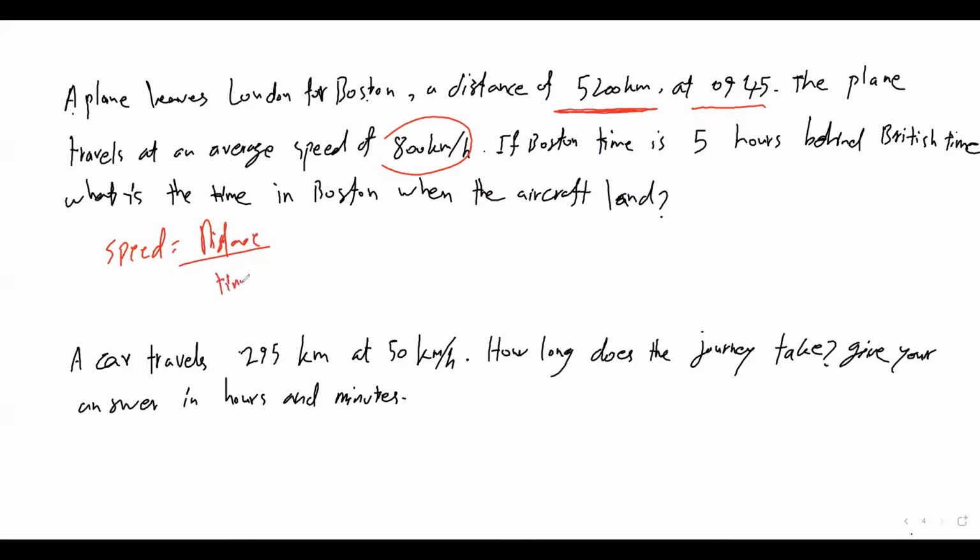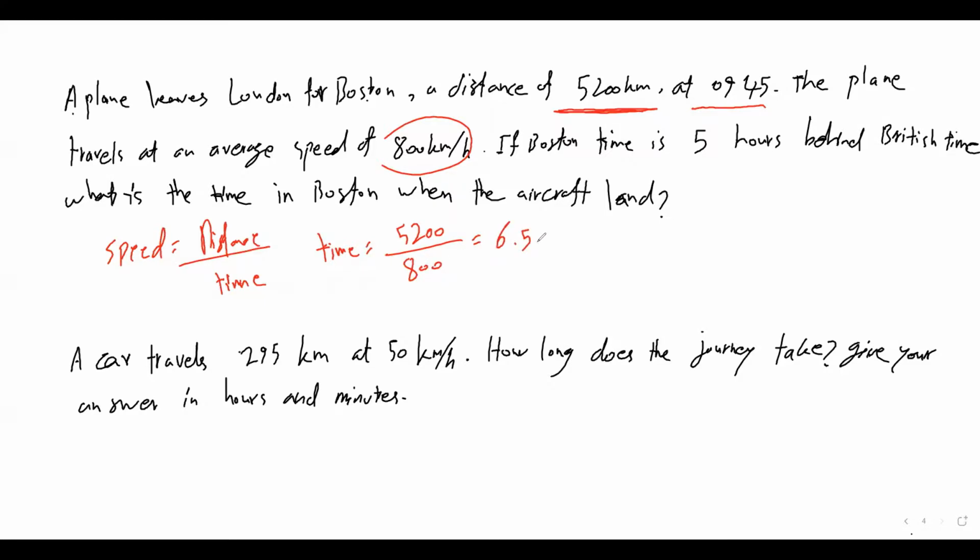So you have to find time, make time the subject of the equation. So that would be distance over speed, which is 5,200 divided by 800. So that would give me, okay, 6.5.